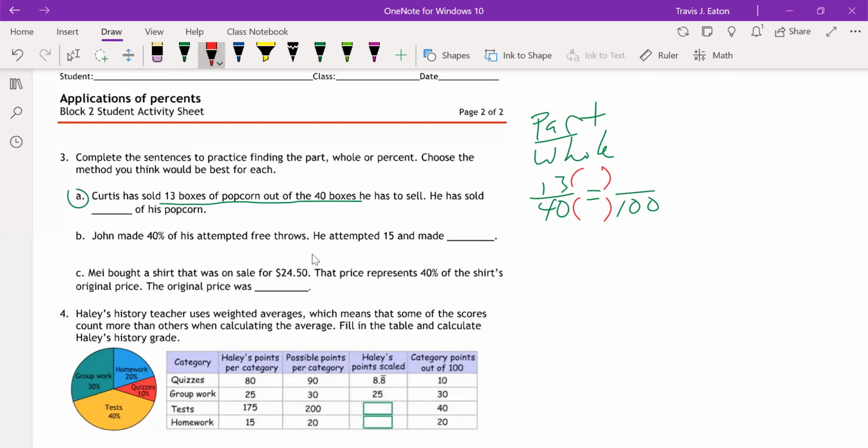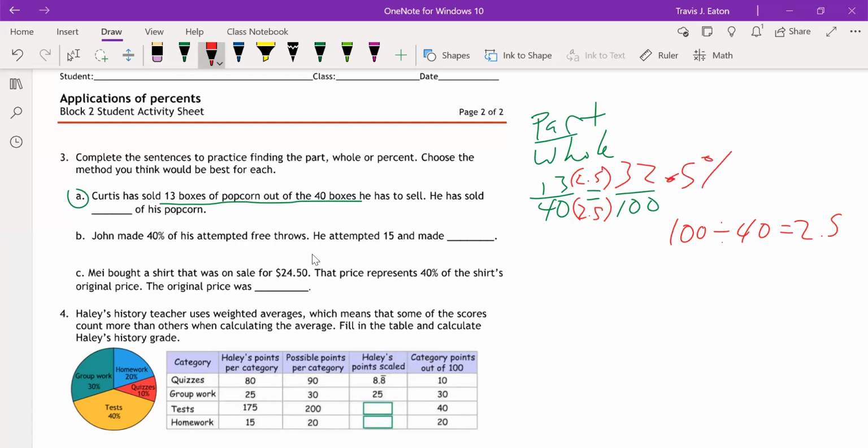So I would take the 100 divided by 40, which is 2.5, and that is my scale factor. And 13 times 2.5 is 32.5. Very good. Yes, I see that in the chat.